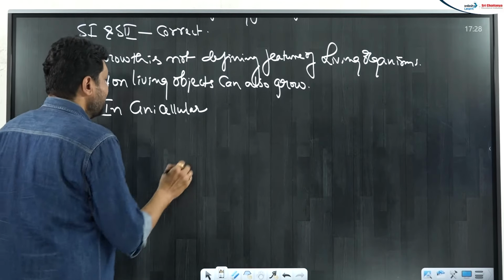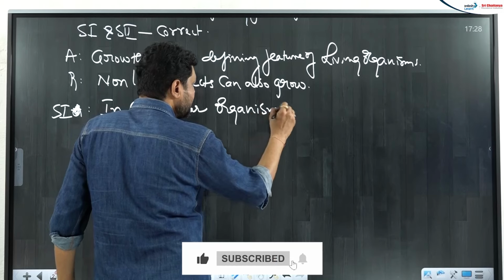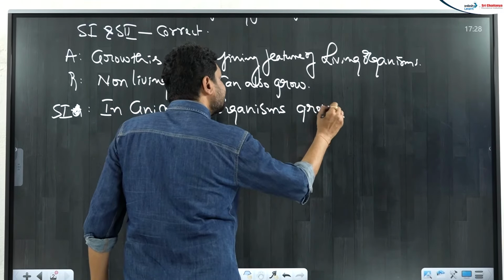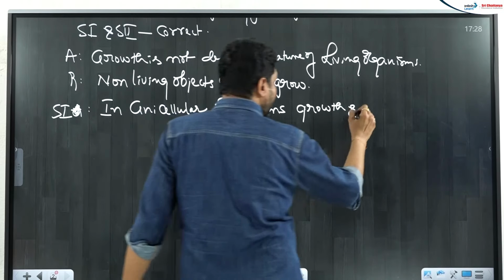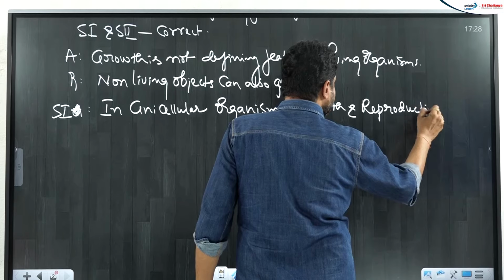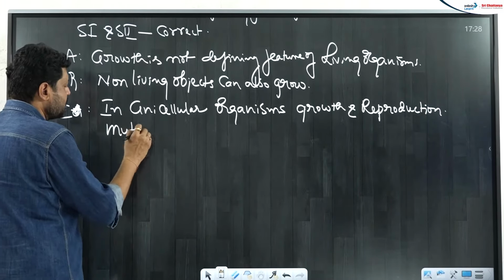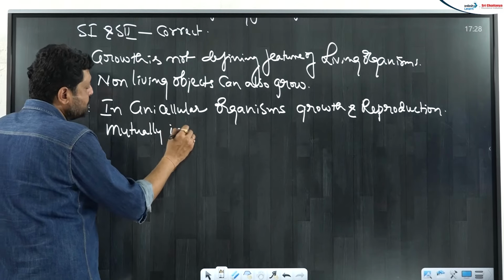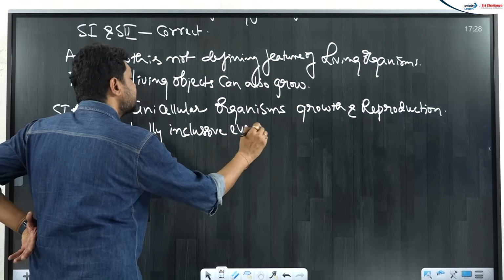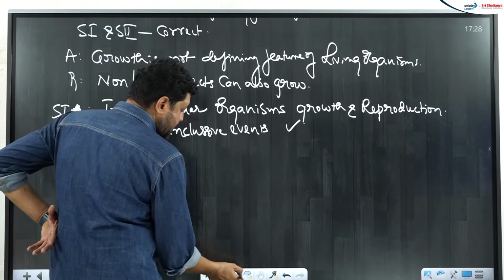Statement 1: in unicellular organisms, growth and reproduction are mutually inclusive events. Statement is true.